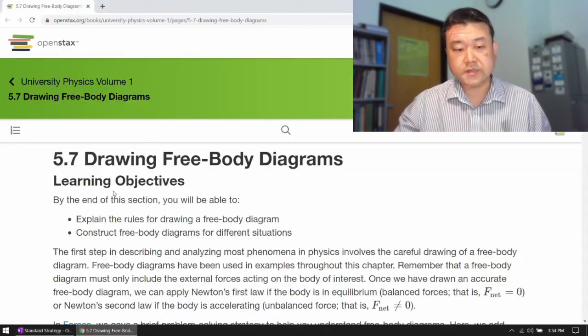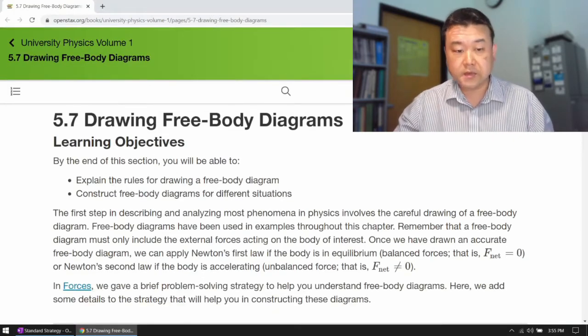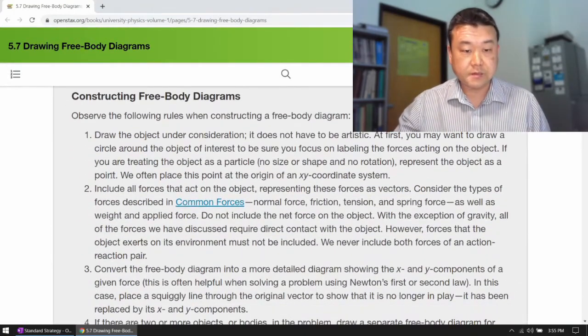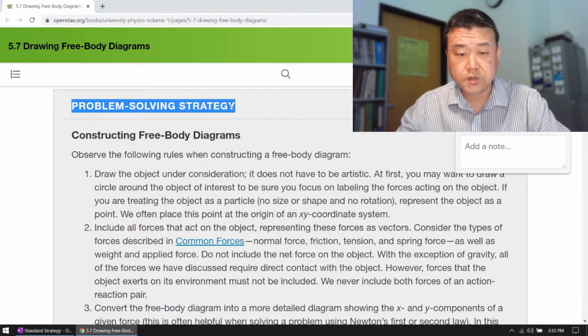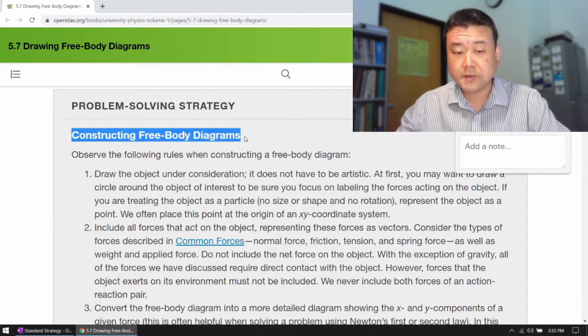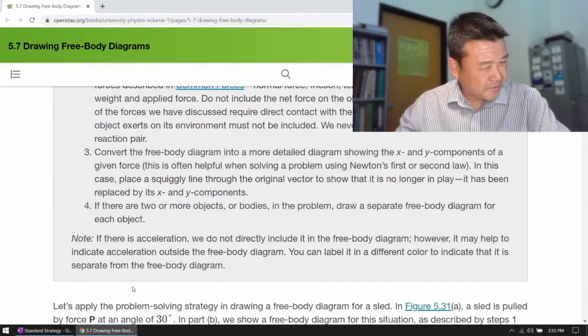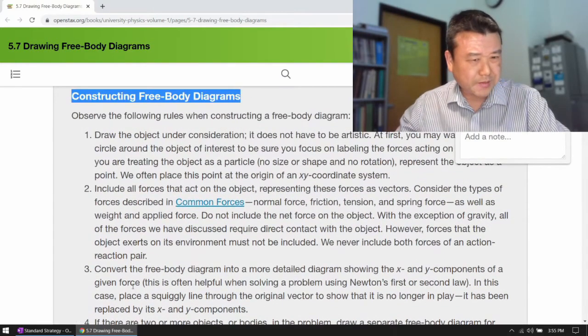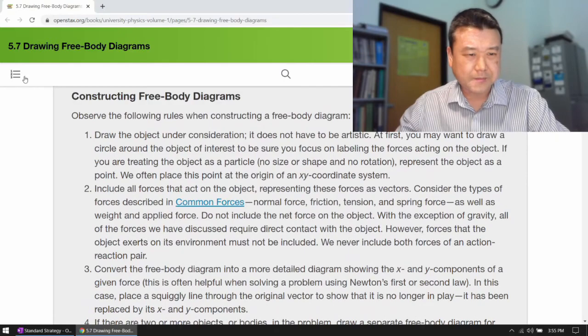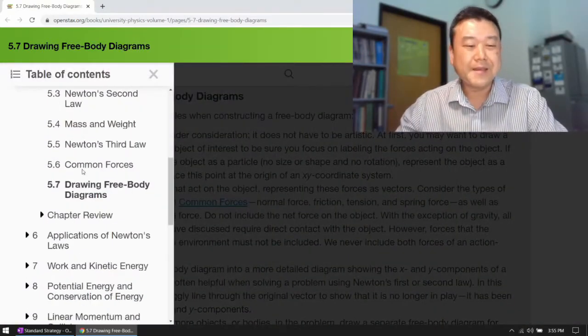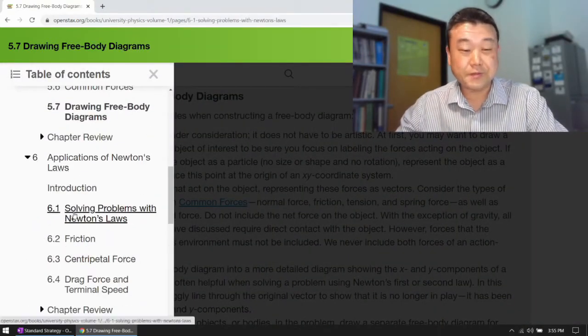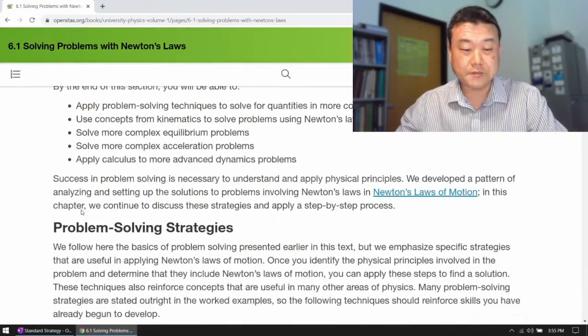They introduce these steps as they introduce the free body diagrams. Here's the problem-solving strategy for constructing free body diagrams. These are the textbook steps for drawing free body diagrams. And because the textbook chose to split this up, the rest of the steps you will have to find in section 6.1, solving problems with Newton's laws.